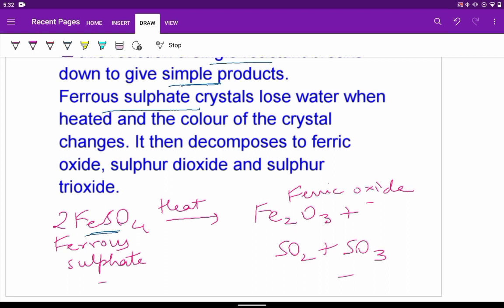Students, please see the equation. 2FeSO4, ferrous sulfate, on heating gives ferric oxide, Fe2O3, plus SO2 plus SO3. That is ferric oxide, sulfur dioxide and sulfur trioxide. So it is breaking down. We can see here one reactant is giving rise to more than one product, a decomposition reaction.